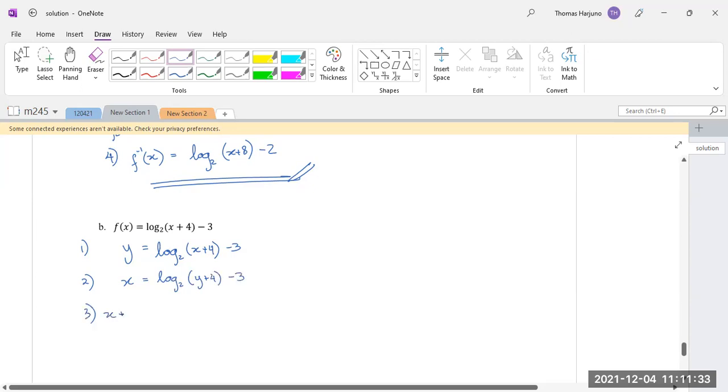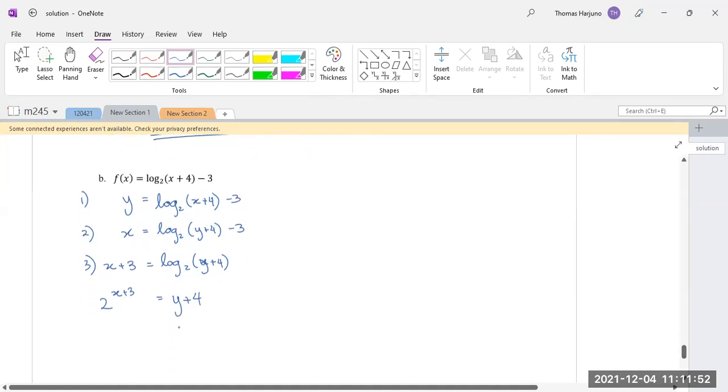Step 3, we solve for y. To solve for y, I change it into exponential form: 2 to the (x plus 3) equals y plus 4. So y is equal to 2 to the (x plus 3) minus 4. Finally, f inverse of x is equal to 2 to the (x plus 3) minus 4.